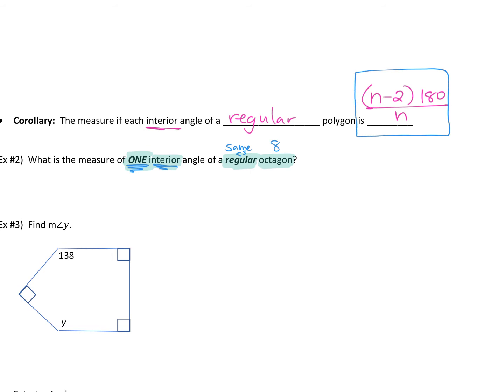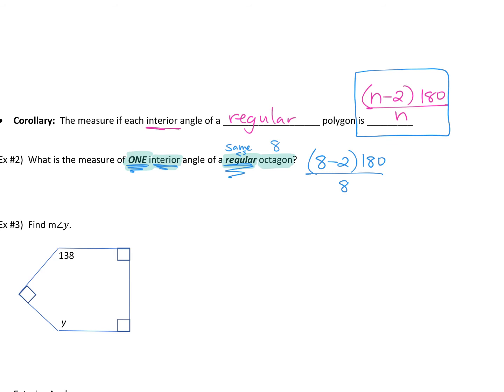You just plug what into that formula? 8, right? It's an octagon, so 8 minus 2 times 180 would give me the total. That's the sum, right? I just want 1, and they're all going to be the same because it's regular, so I can divide that number by 8. So plug into your calculator 8 minus 2 times 180, hit enter, that's your sum.